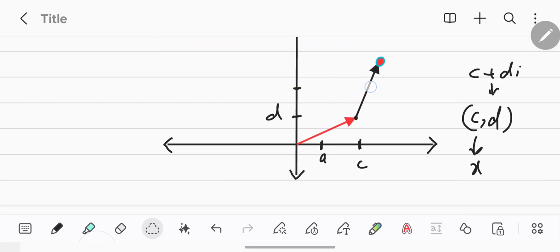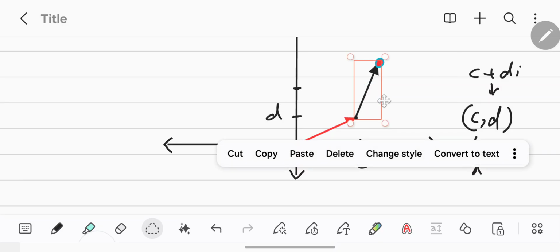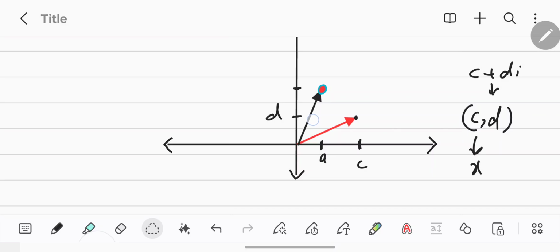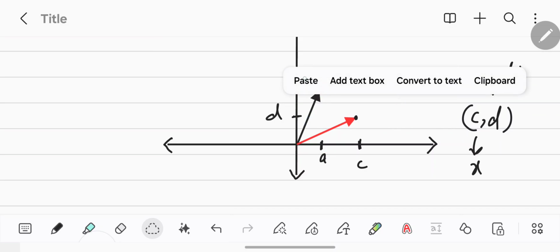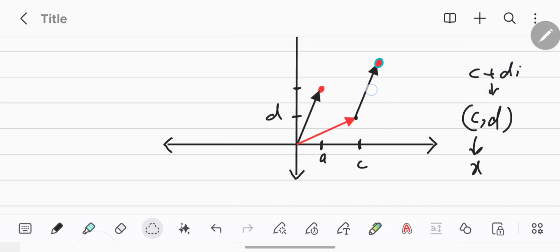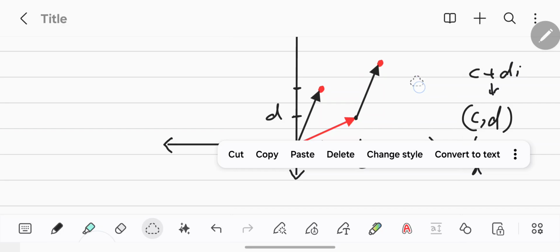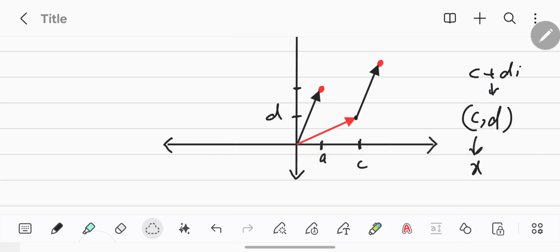This is what I told you previously. I will not shift it, I will just make its copy here, and this is the copy of this one. Now I will draw a new vector starting from here and ending here.